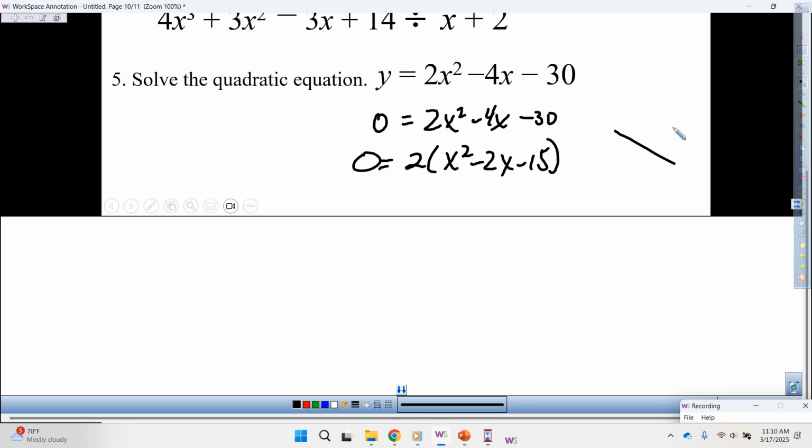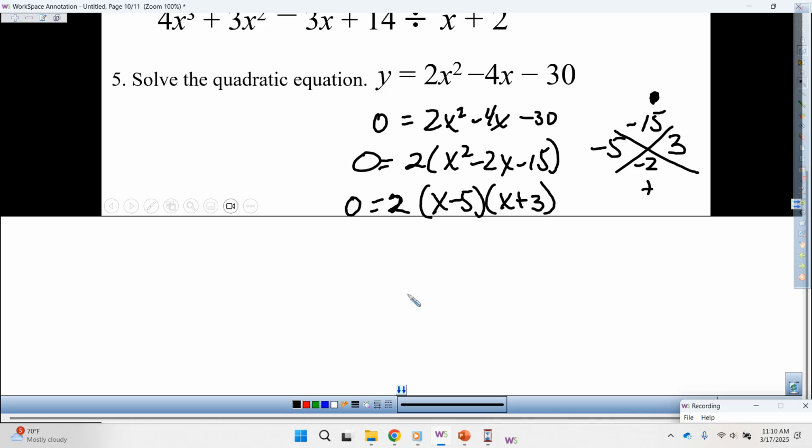Now I can factor inside the parentheses. -15, -2. What two numbers multiply give me -15 that when you add them give us -2? Tell your neighbor and then Enrique's going to pass someone. Pass someone, Enrique? Mario. Ooh, -5 and 3. So my factors are x minus 5, x plus 3.